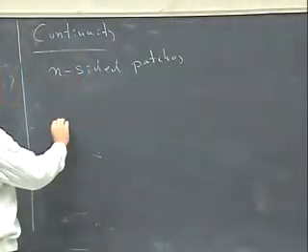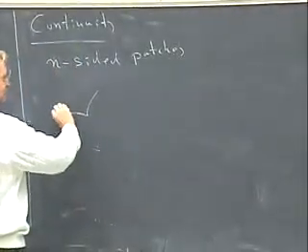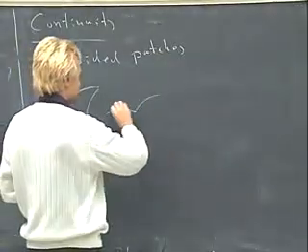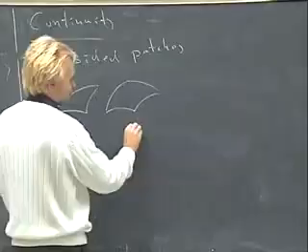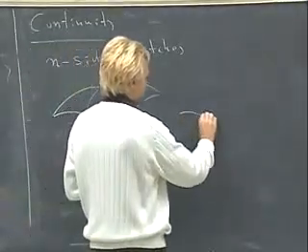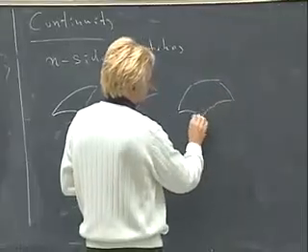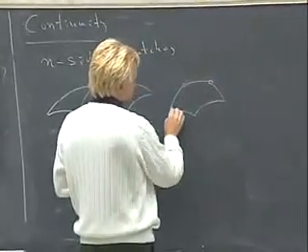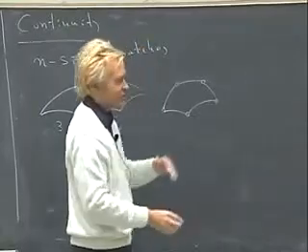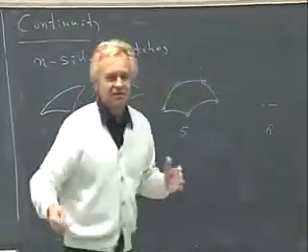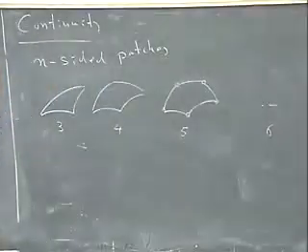Okay, so there's a triangle patch, of course, right? A 3-sided one. There's a 4-sided patch. There's a 5-sided patch. And so on. And the 6-sided patch and so on. Why do we need that?